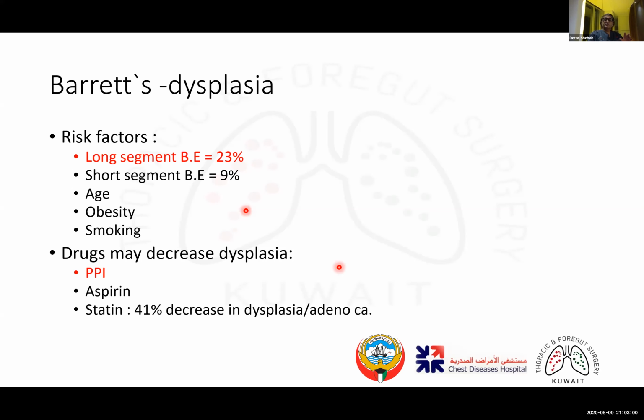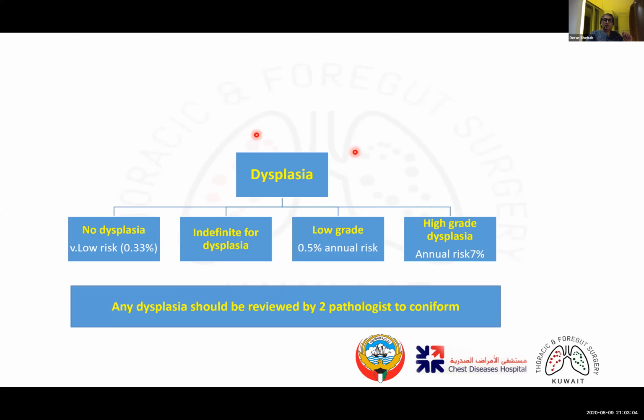So if you have dysplasia, especially on biopsy, it is divided into 4 findings. The dysplasia is categorized: either the biopsy has no dysplasia at all, or the biopsy is indefinite for dysplasia, or there's a low-grade or high-grade dysplasia.